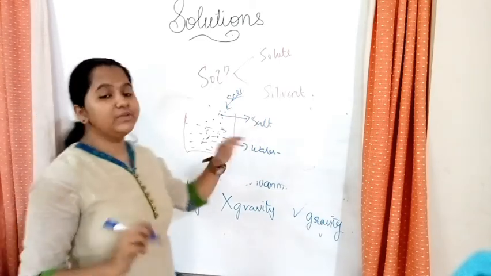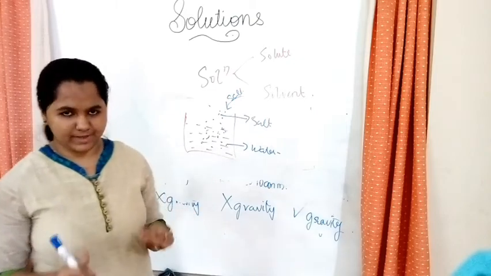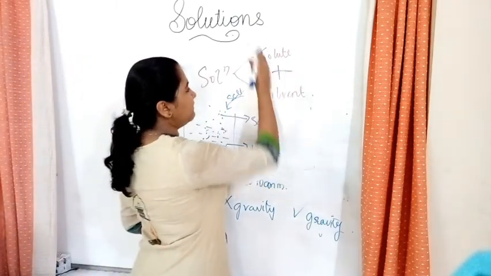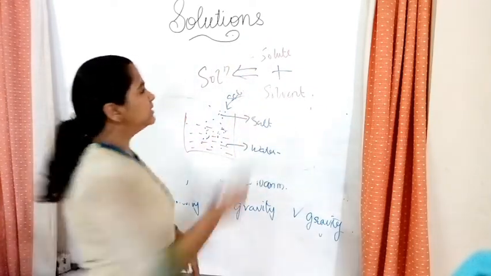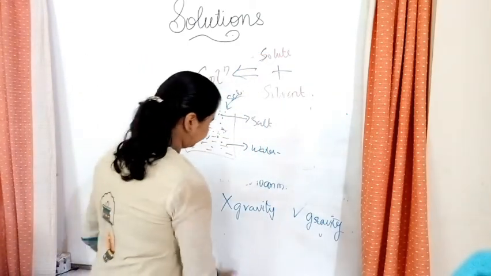To find out which is the solute and which is the solvent, we have 2 methods. Before that, how is a solution formed? Solute plus solvent gives solution.